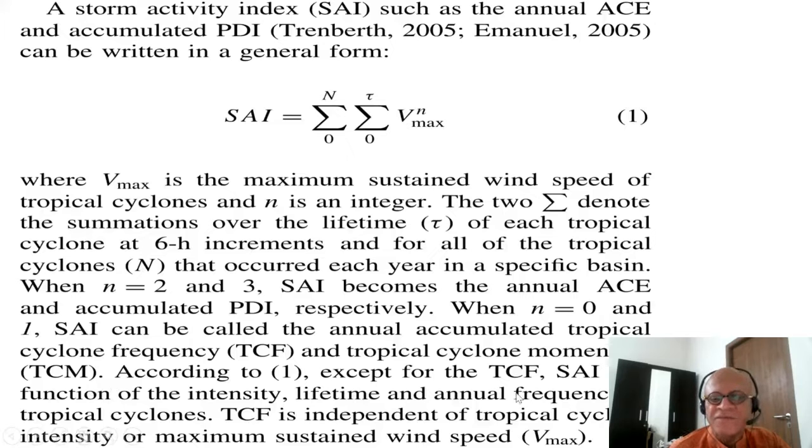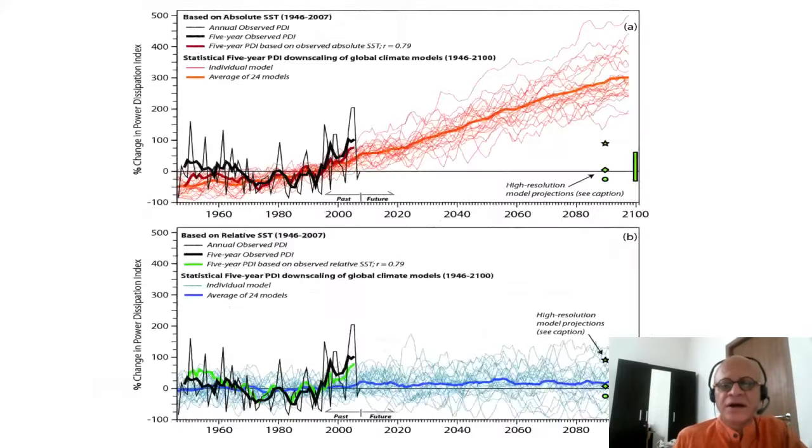According to the authors, except for TCF, SAI is a function of the intensity, lifetime, and annual frequency of tropical cyclones. TCF is independent of tropical cyclone intensity or maximum sustained wind speed, Vmax. Okay, so remember that intensity is averaged typically over 1 minute or 10 minutes, depending on whether it's in the North Atlantic or in the typhoon region and the Indian Ocean and so on.